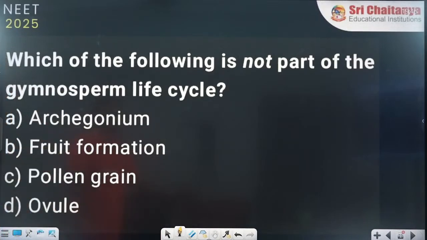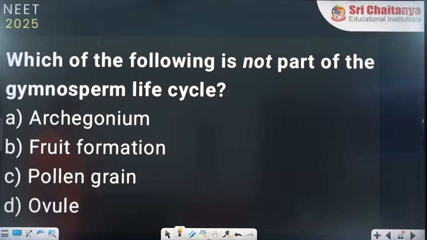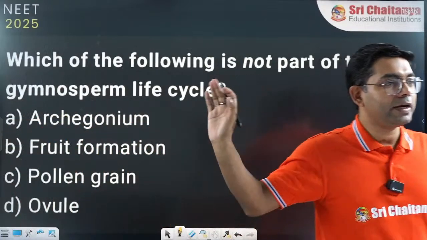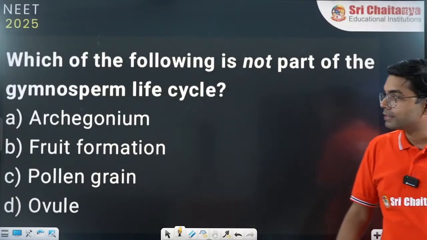Next question. Which of the following is not part of gymnosperm life cycle? Very good question. If you have seen the life cycle very carefully, you will easily answer it. Let me see who will answer it first.